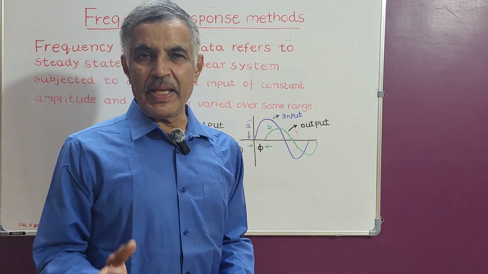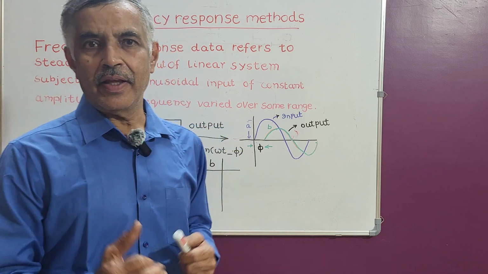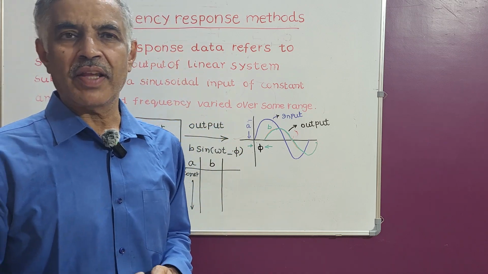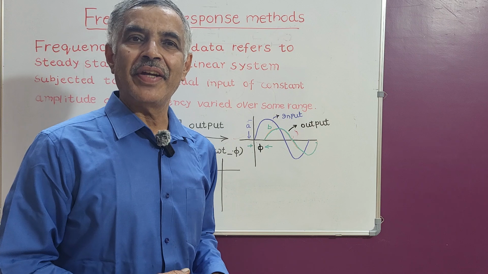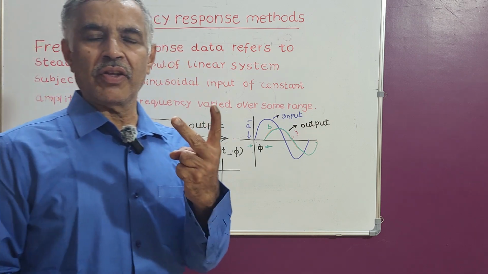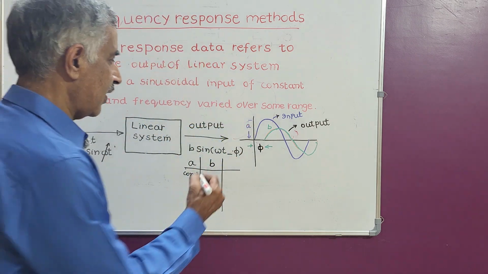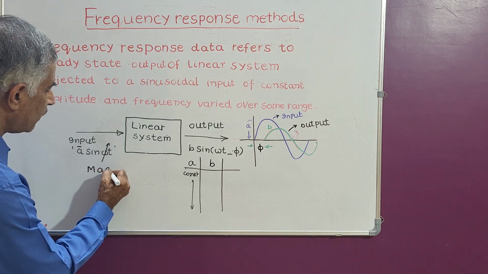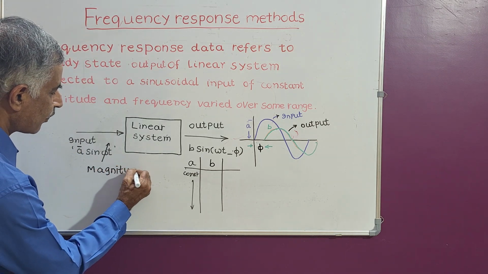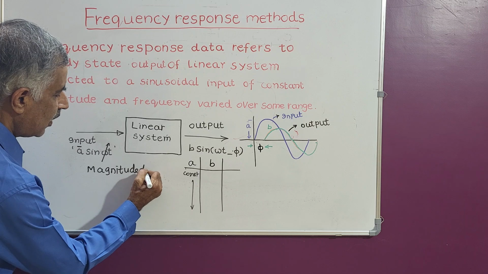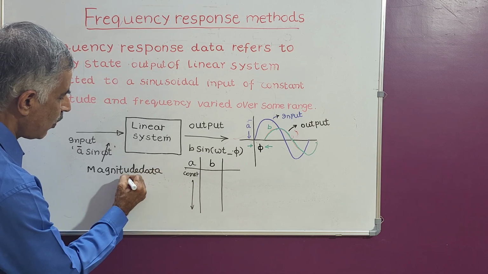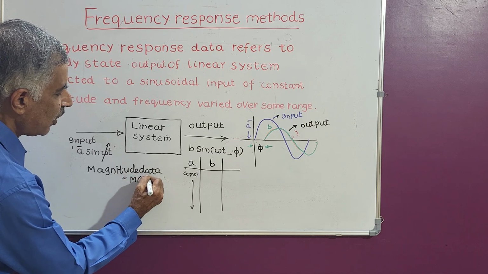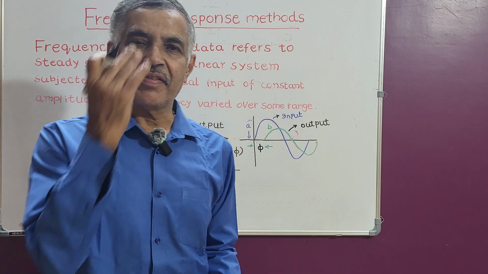After recording B for a certain value of A, then you have to form what is known as frequency response data. There are two important data. Number one, magnitude data. So magnitude data is M omega, function of omega, because as omega varies, M also varies.